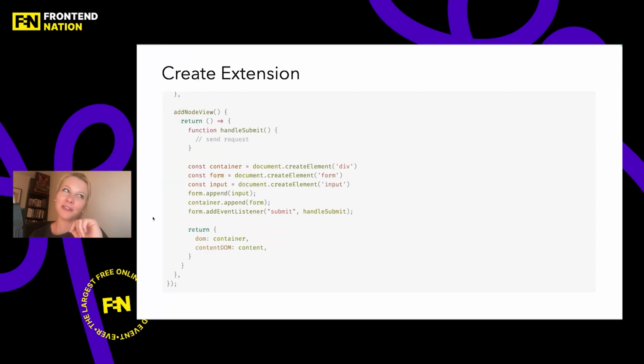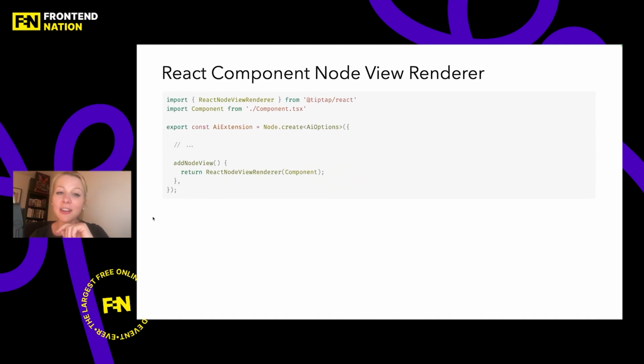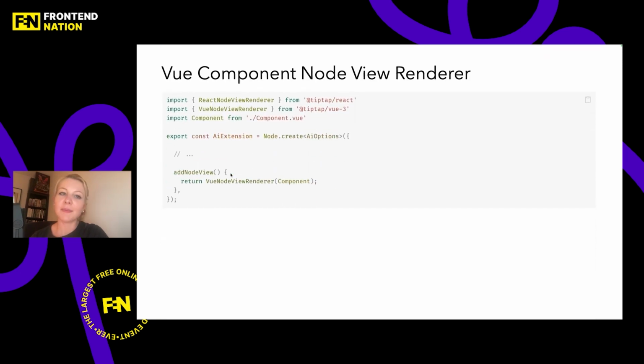It would be a funny challenge though. However, you can use the React component node view renderer, where you're just importing a component and you use the React node view renderer, which is coming from the Tiptap React library, and then you can just call that, and you can use a very normal React component. The same for Vue, the same for other libraries.